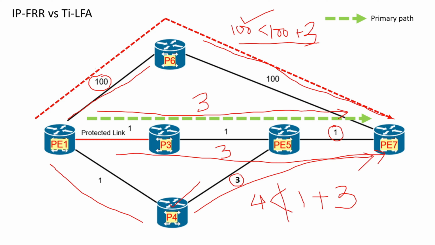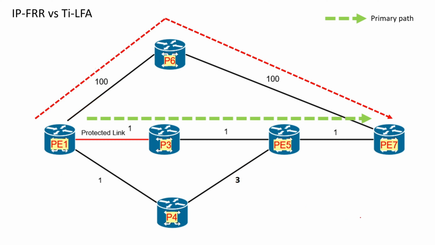This condition is invalid here. This becomes a kind of ECMP scenario, but this value should always be less than this value. That is the reason P4 is not the best alternate path for the IP-FRR in this diagram. So that is one of the challenges with IP-FRR, that most of the time you get suboptimal paths for the backup path.